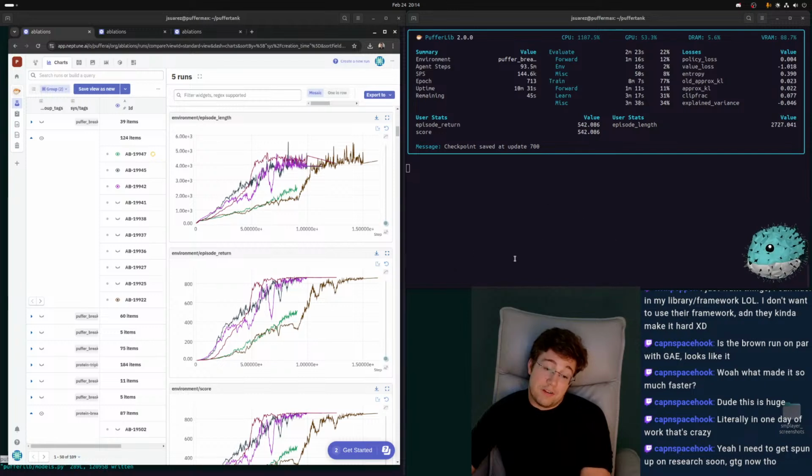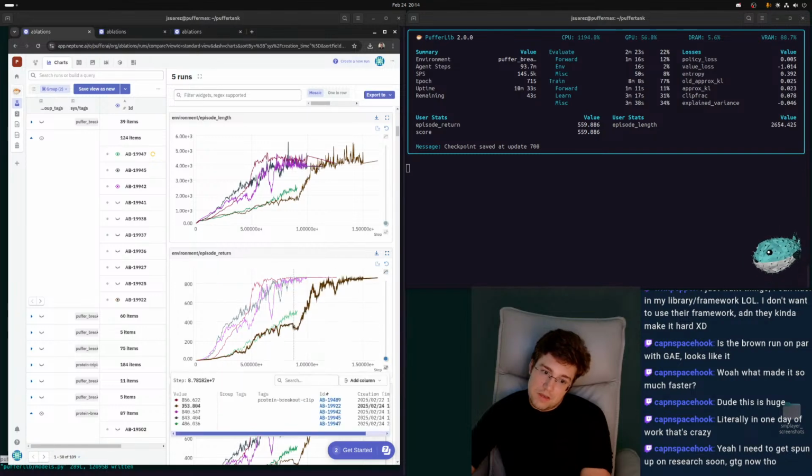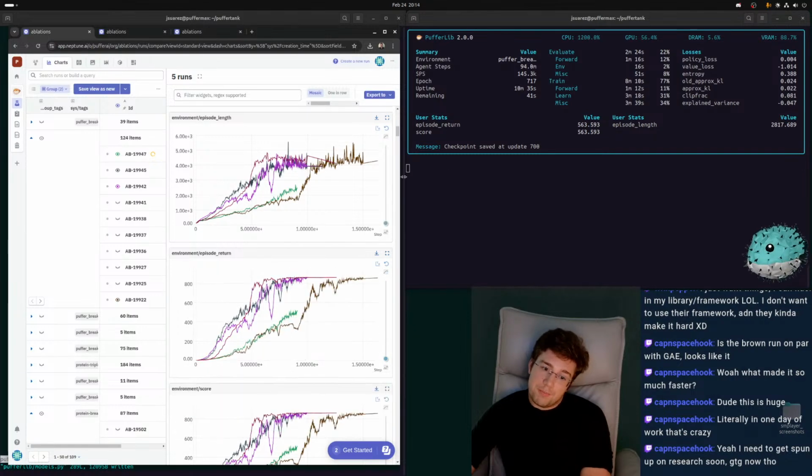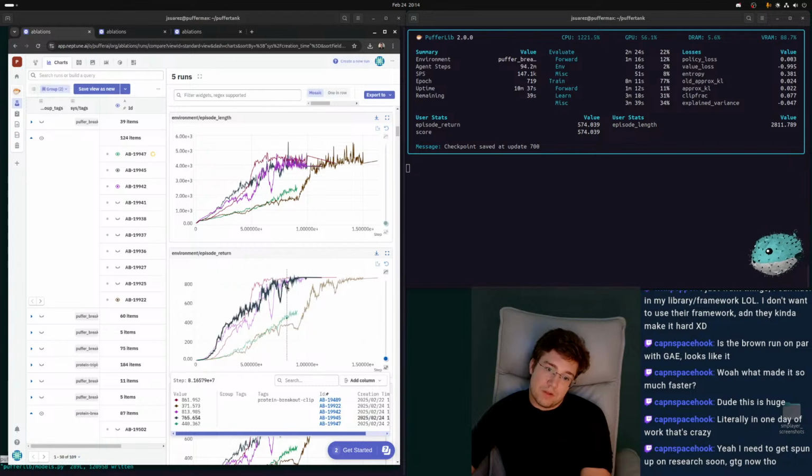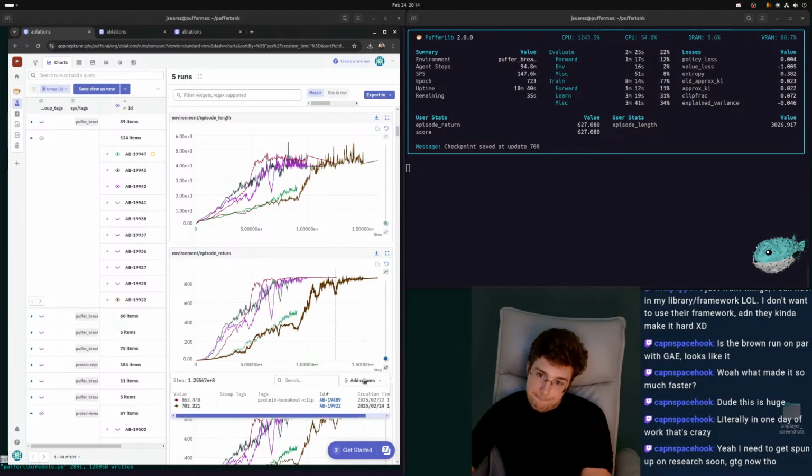Okay, so this is very nice and stable. It underperforms majorly. We're gonna figure out why.